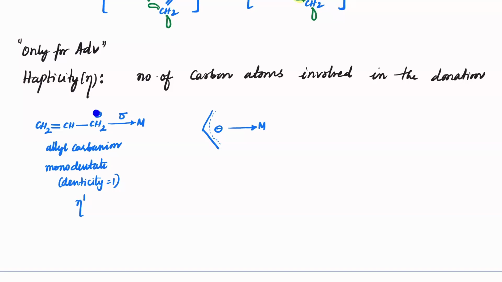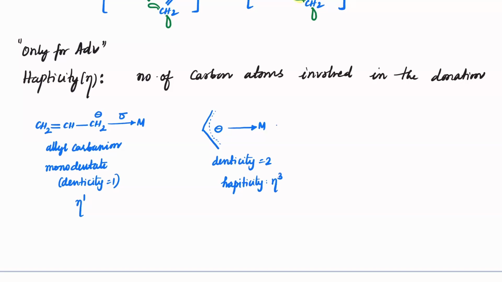Because this pair and this pi bond are both in conjugation, it connects from both ends of the carbon here. So when the connection is shown this way, this time the denticity is 2, and hapticity is 3 because the pi bonds are moving across 3 carbons. Got it?